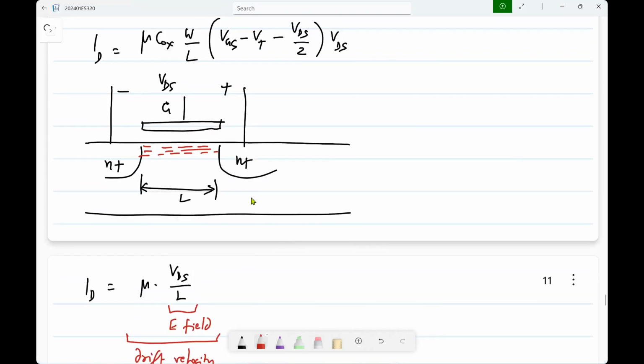And what is the rest of it? Charge. So the charge density. So first of all, what is the Cox? It's the capacitance per unit area, not the total capacitance, right? So the charge density would be W Cox times, I mean, this is the capacitance per length.